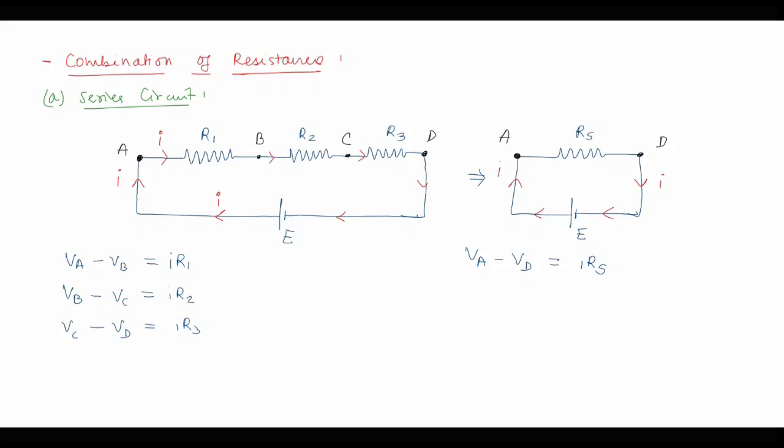If I add all these equations, we are left with VA minus VD is equal to I times R1 plus R2 plus R3, and if I equate it with this, I can say that R series is equal to R1 plus R2 plus R3.